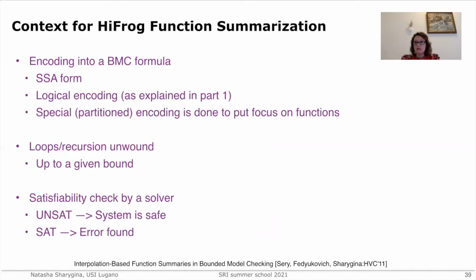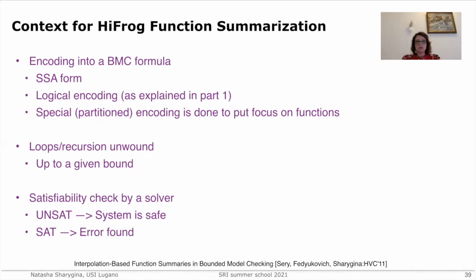But now, in addition to logical encoding, we are going to introduce an additional constraint. We are going to do a special partitioned encoding to put focus on the functions. Our bounded model checking formula will be clearly partitioned into segments, partitions, which represent all the functions used in the program. And since it's bounded model checking, of course, loops and recursive function calls are unwound up to a given bound.